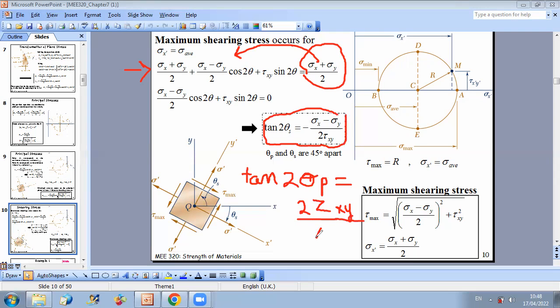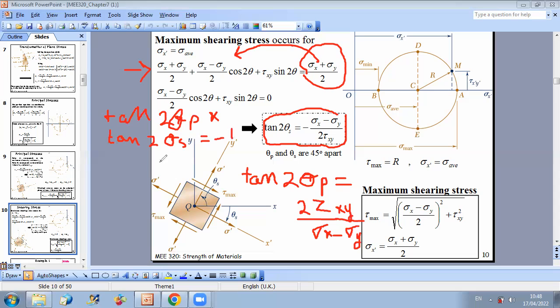So if you compare these two expressions, when you multiply tan 2 theta p by tan 2 theta s, you get minus 1. And we know that mathematically, if we have two angles where the product of the tangents is minus 1, then the summation of these two angles is 90 degrees.